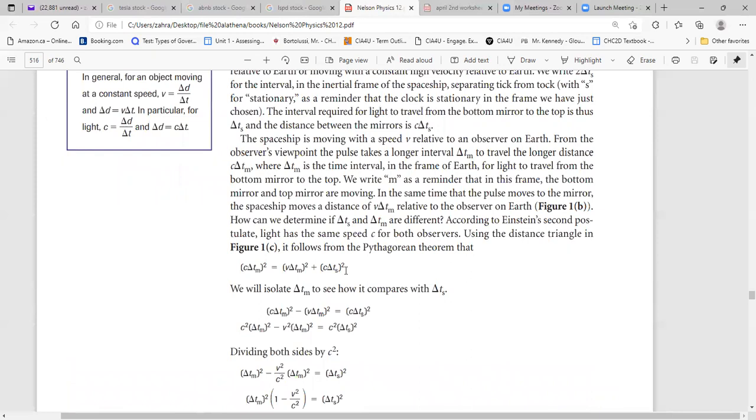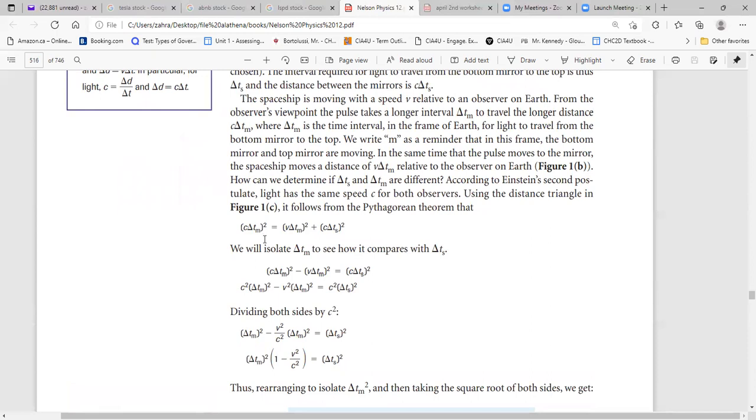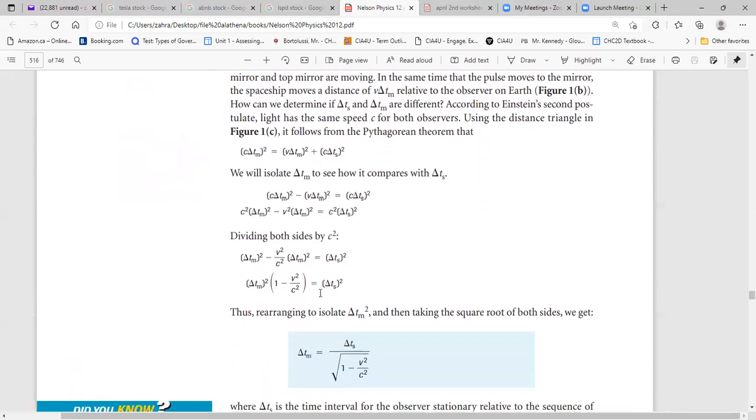This is what we have. We can rearrange it. We bring the (v delta Tm)² to the other side, then divide each term by c². So c² divided by c² cancels, leaving v² divided by c², and here c² is canceled.